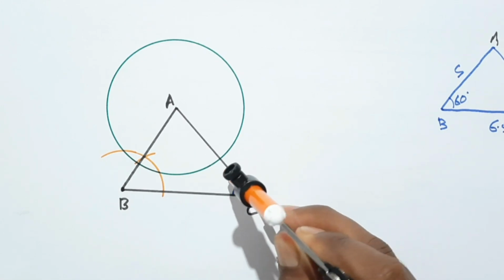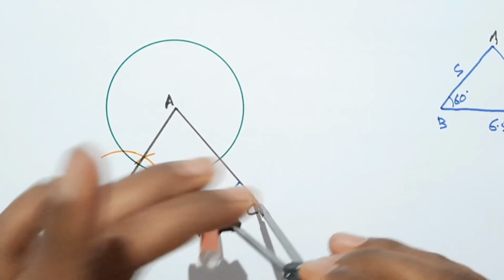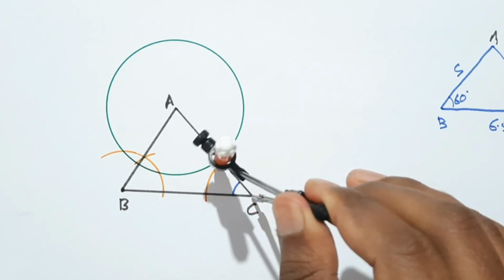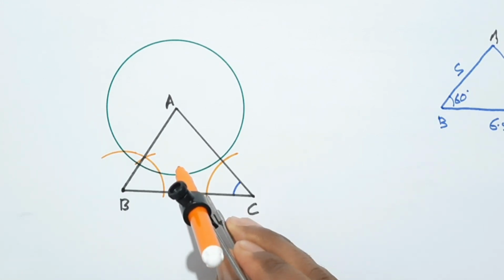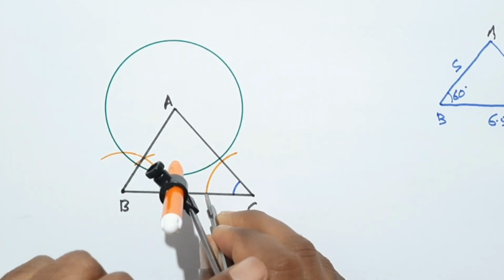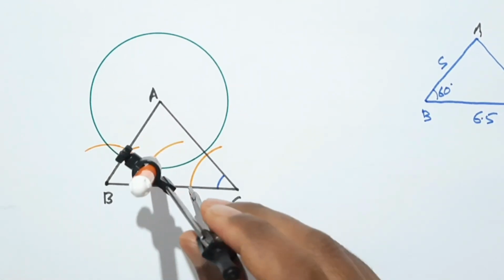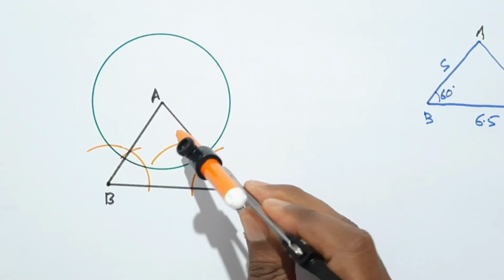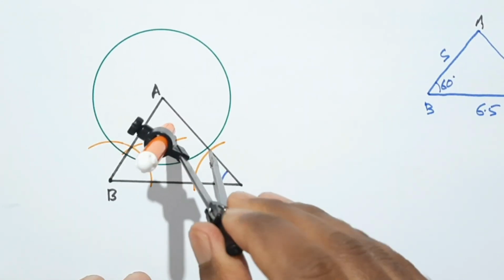For that, first we'll put our compass at C and then draw an arc which intersects both the arms BC and AC. Now again putting the compass at the first point of intersection, that is here, and then putting the compass at the other point of intersection, we cut this arc.